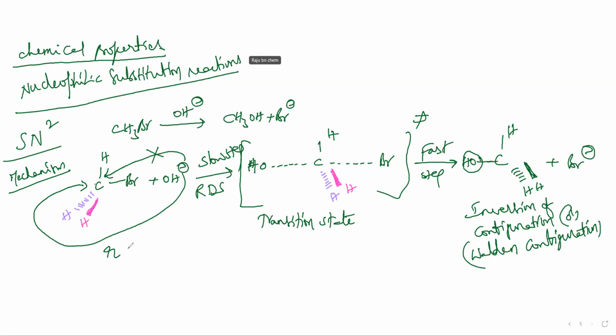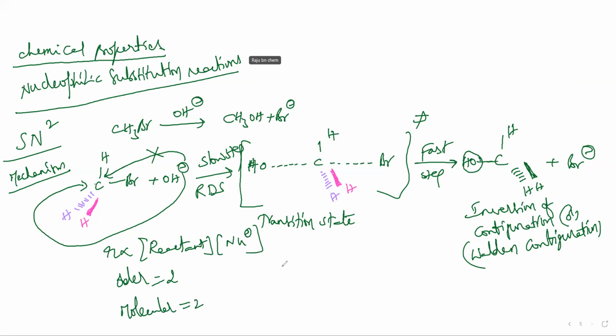So the rate of reaction is proportional to the concentration of the substrate as well as the nucleophile. So what is the order? 2. Molecularity 2. So it follows second order kinetics.